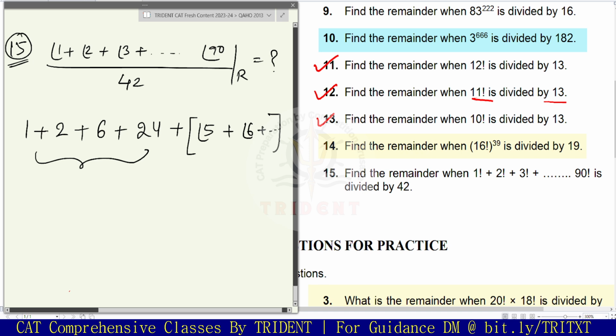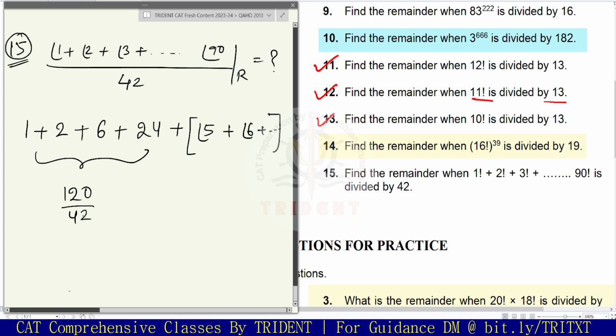Till factorial 4 I have checked. For 5 and 6, let's check. Factorial 5, as all of you know, is 120 by 42. Let's calculate the value. Obviously you can employ some technique, but it is better to just use the division method.